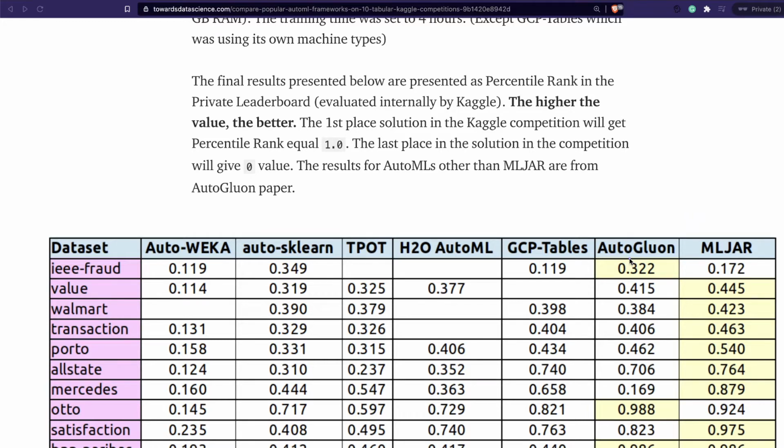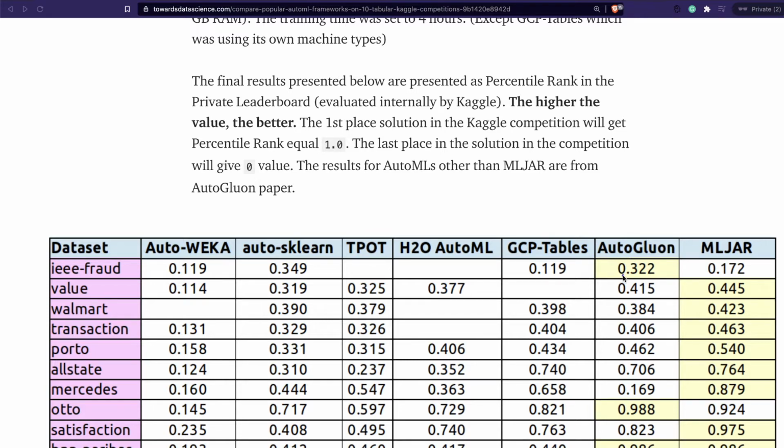Whoever has the worst solution, their rank is 0. So anything in between goes from best to worst, from 1 to 0, which means the higher the value of the score, the better. So whenever you see a higher score, the result is better, and that is what we are going to see here. So how this has fared, that's what we're going to see.